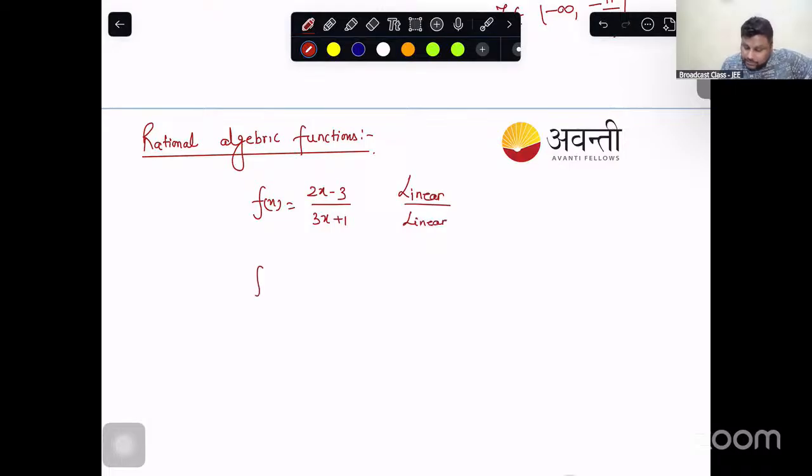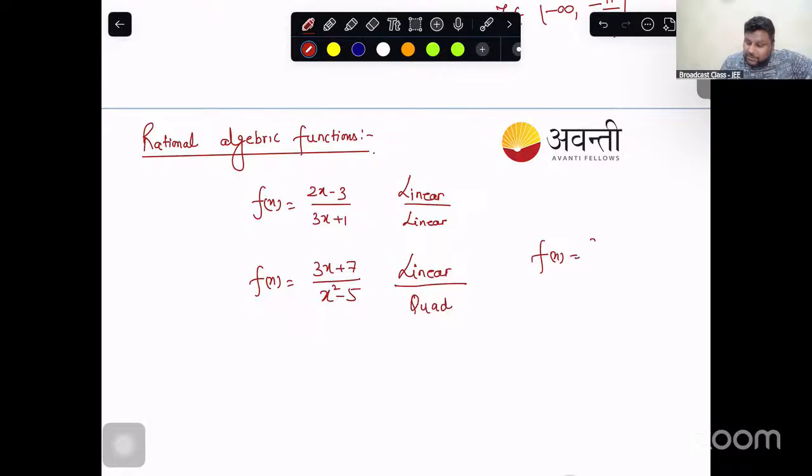Or f(x) = (3x + 7)/(x² - 5), that is linear upon quadratic type.